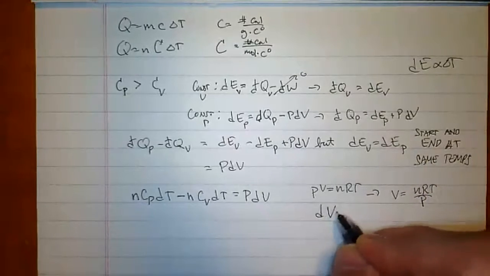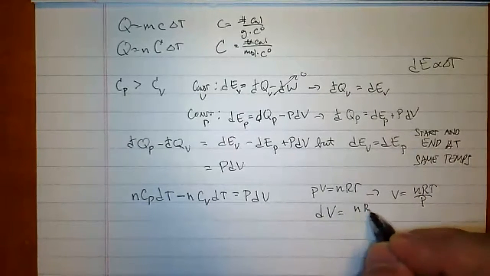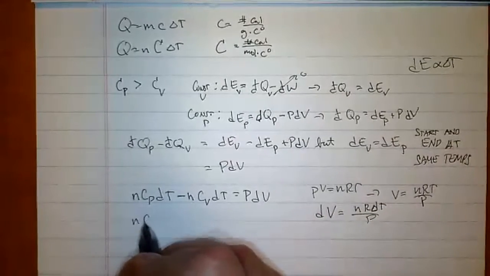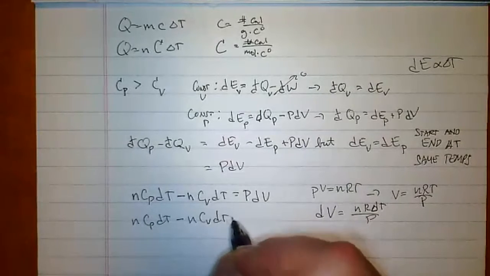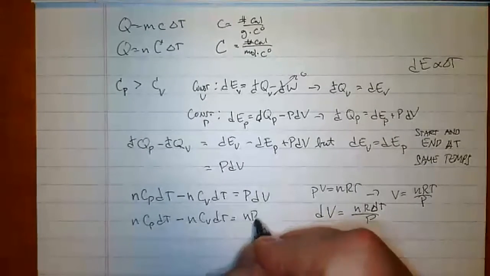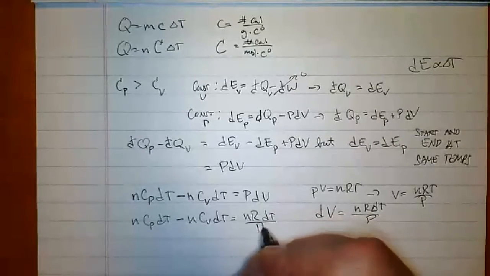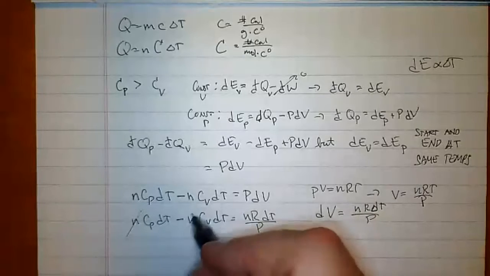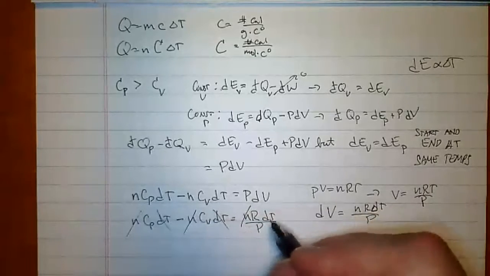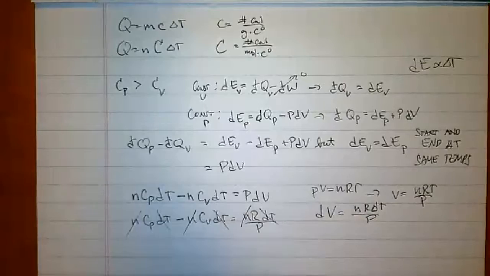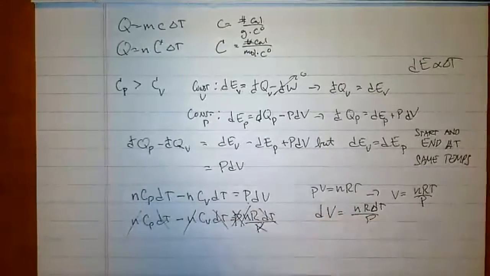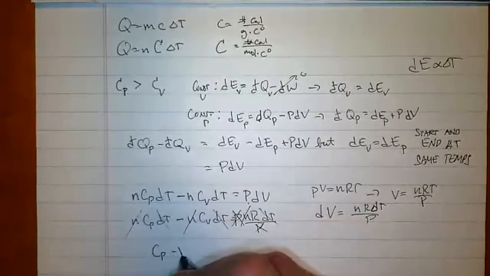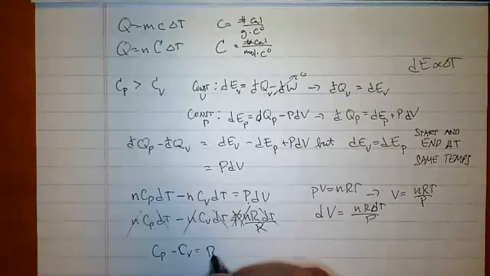So dV is going to be equal to nR dT over P. So now I can write n Cp dT minus n Cv dT is equal to nR dT over P. So you'll notice this n, this n, this n, this dT, this dT, this dT, they all cancel out. And by the way, I also had a P here, so that's going to cancel out as well. I forgot to write the P there. Sorry about that. So now I see that Cp minus Cv is just equal to R.